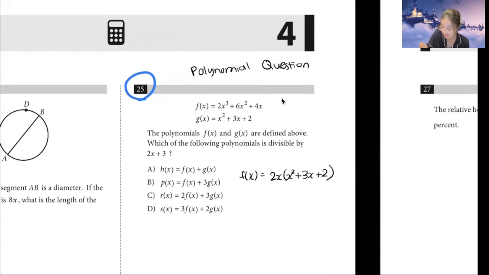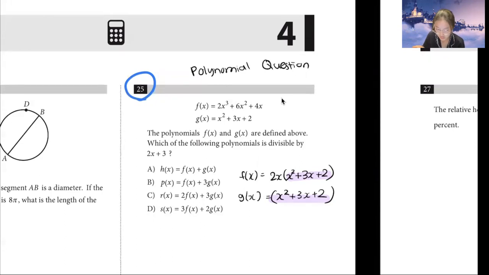Do you see the similarity now? g of x is going to be 3x plus 2. So we already see the similarity: f of x is multiplied by 2x, and g of x is just f of x without the 2x. Think of it that way.